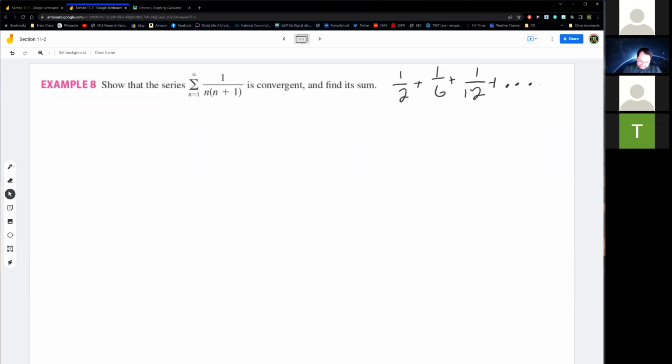Thinking back to what we did in chapter 7, one of the things we covered was partial fractions. So 1/n plus 1, I can change to 1/n minus 1/n plus 1. Sorry, not plus, minus. No, I'm not going through and doing the partial fractions all out to show you how it came out to be. Trust me, that works.